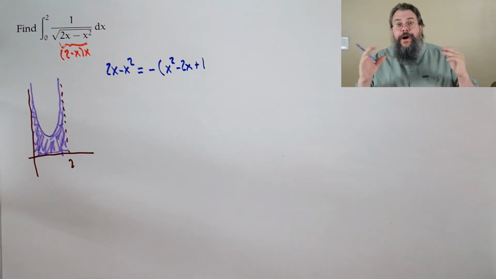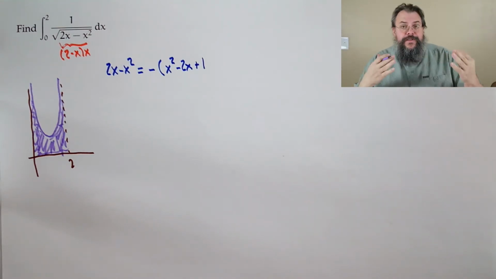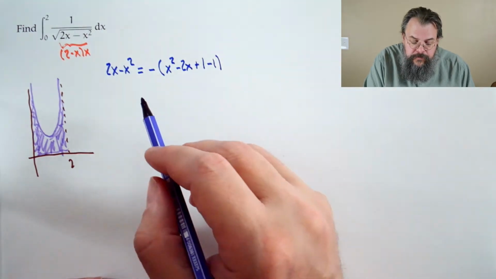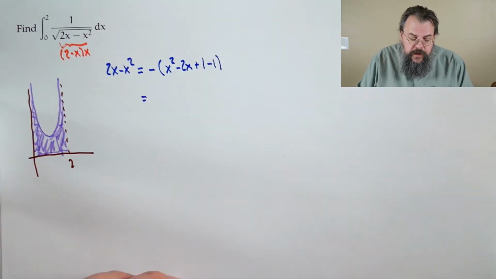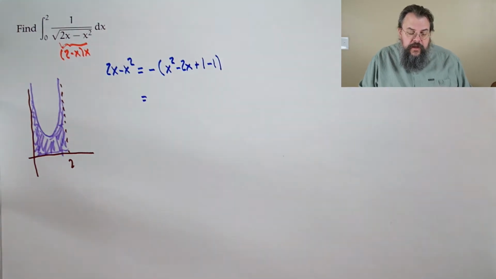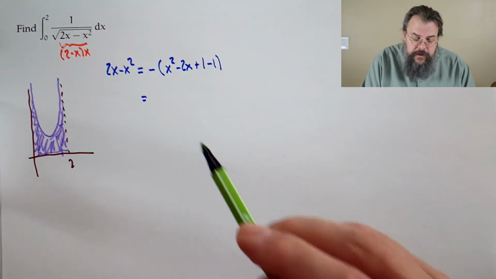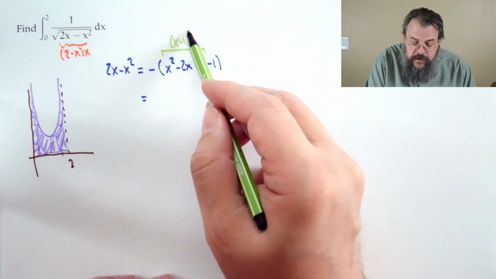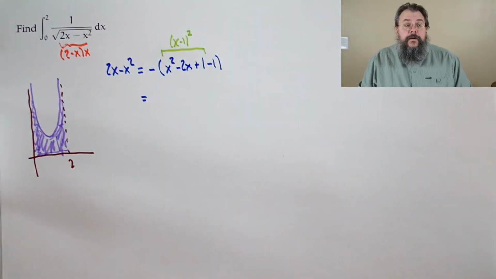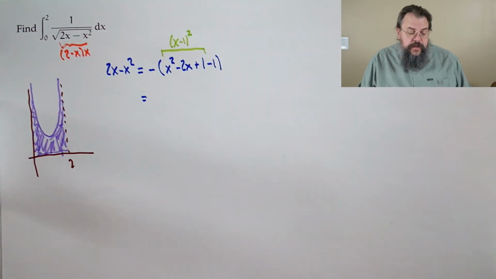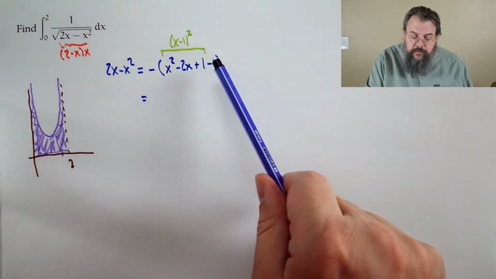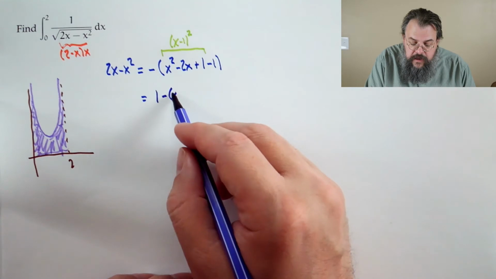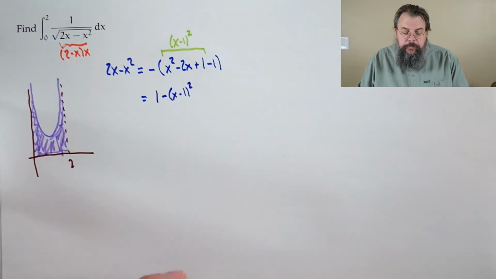But of course, we can't just arbitrarily add 1, so let's immediately balance it out and subtract 1. What happens? This x squared minus 2x plus 1 becomes x minus 1 squared. And the minus 1 on the end, that's a 1, and minus x minus 1 squared.